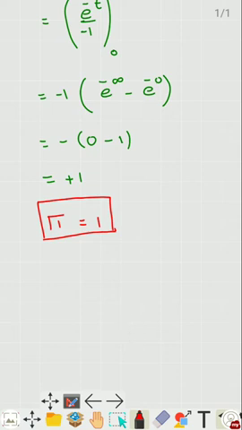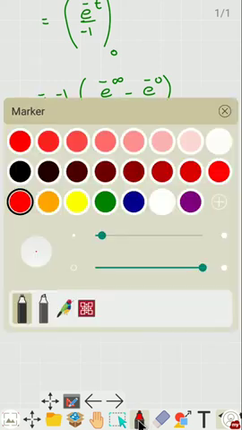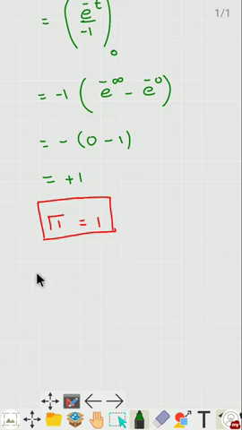Okay, so let us see the second property of gamma function.